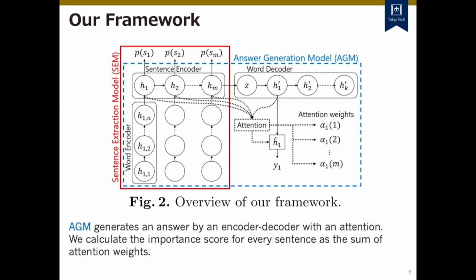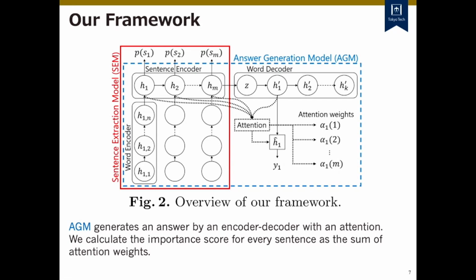Then answer generation model generates an answer of the input question by using an encoder-decoder with an attention mechanism. This is an auxiliary component to give information through attention weights. In every time step, this model generates a word and outputs attention distribution over sentences in the input.